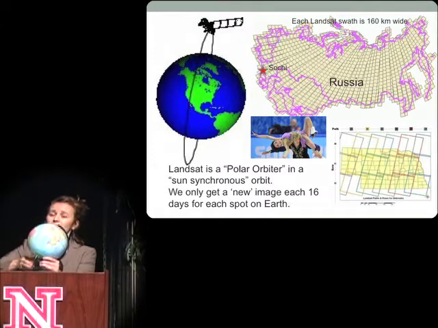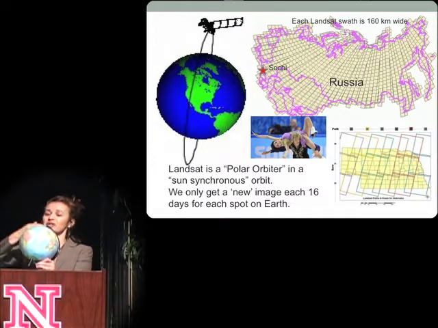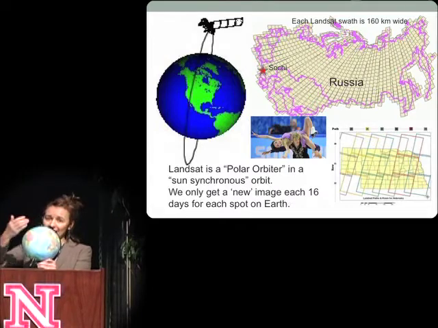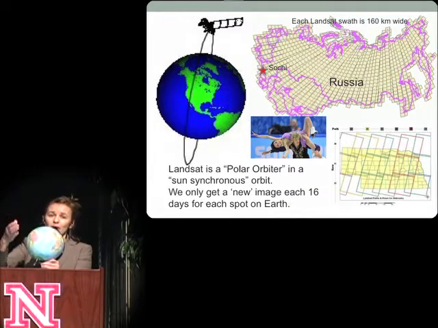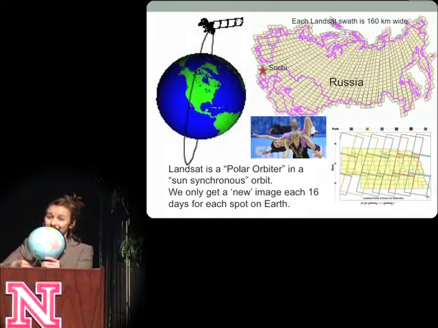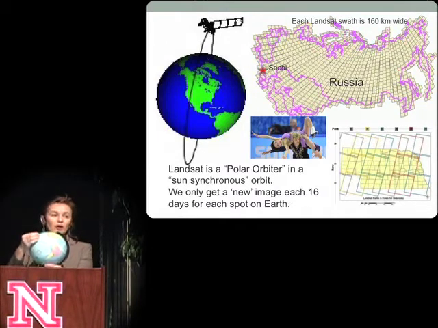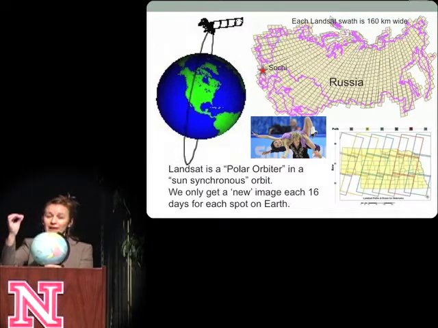Because of this, 90 minutes orbiting again and again, it's just not possible to take a picture every day of the same location. We have to wait 16 days to get a second picture. And the timing of the pictures is fixed.